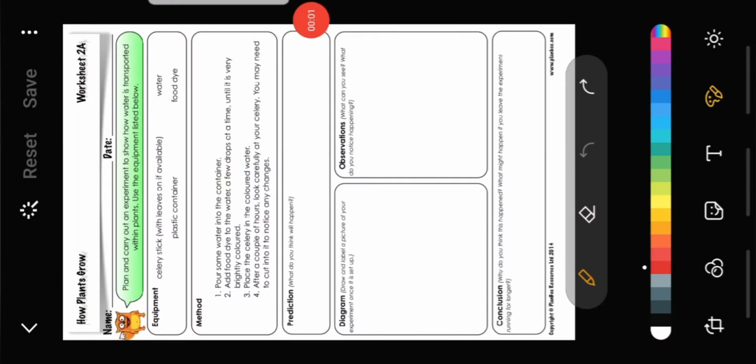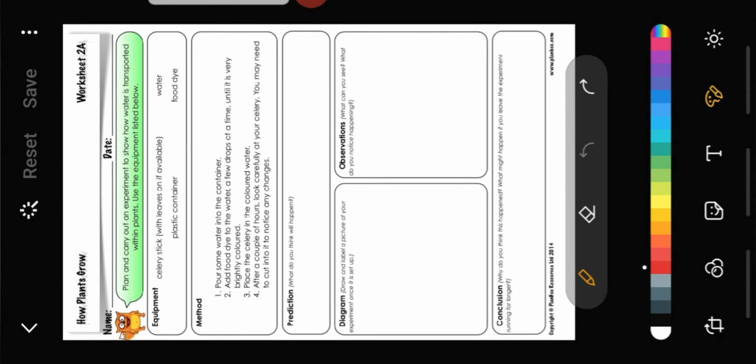Because this celery is like the stem of a plant. It is the stem of a plant. It's got tiny, tiny tubes in it. So let's think about what we think might happen. Okay, so once you've set your experiment up, or if you're not doing it, once you've thought about the way that I've set mine up, you're going to go and find this worksheet that's on the school's website, and you're going to fill in the boxes.